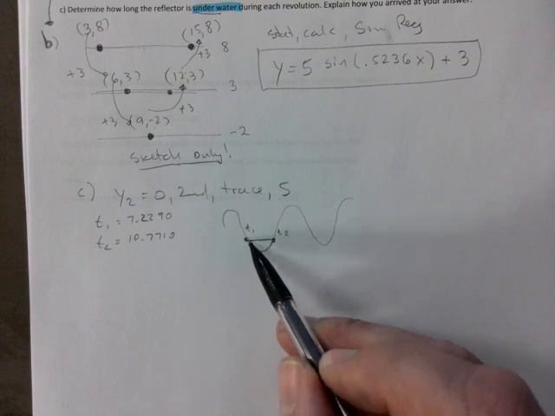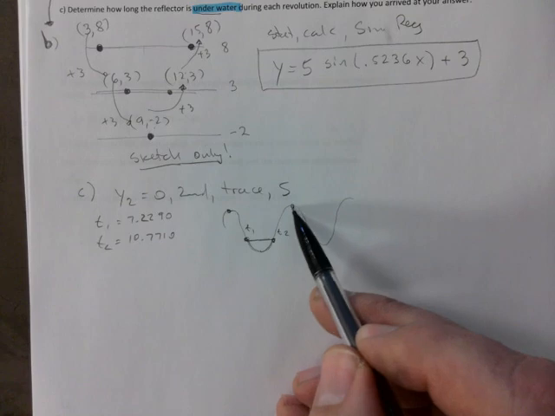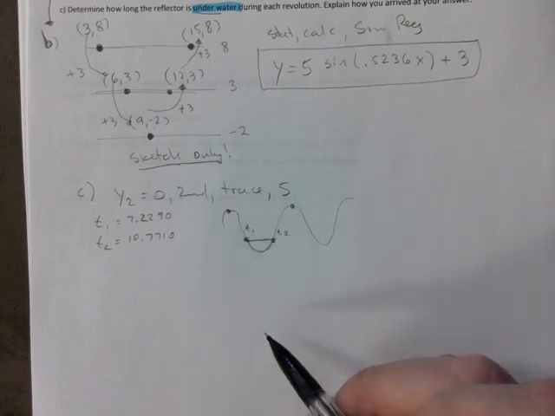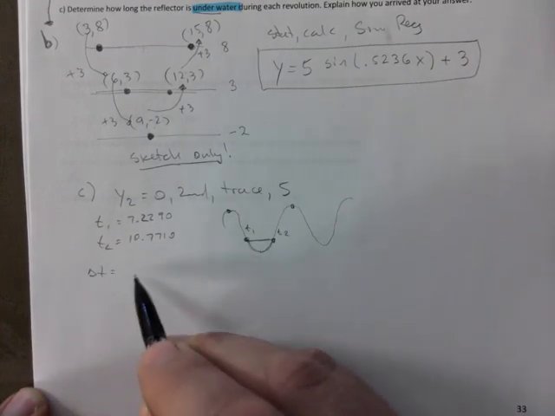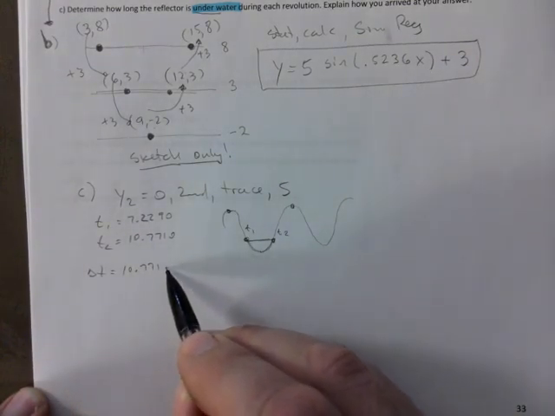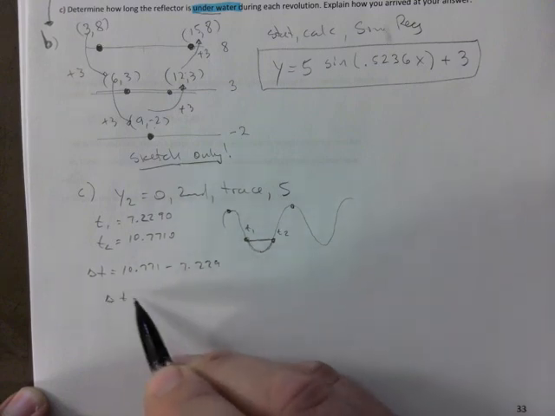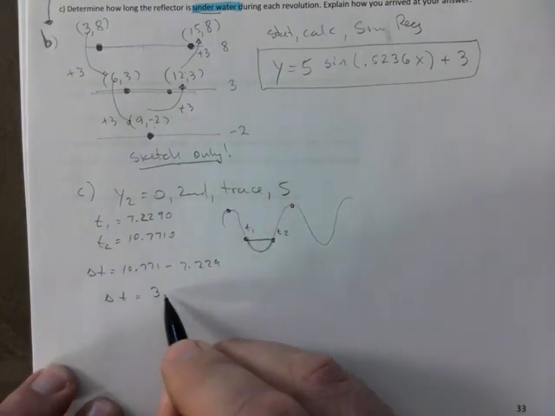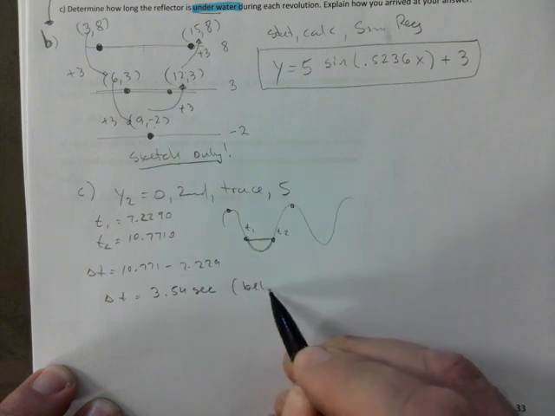So if the question asks how much time it spent above water, you'll just take the period, a full period, and subtract this difference from it, and then you get above water. So let's figure this out. Delta time, 10.771 minus 7.229, and for me, that is 3.54 seconds below water.